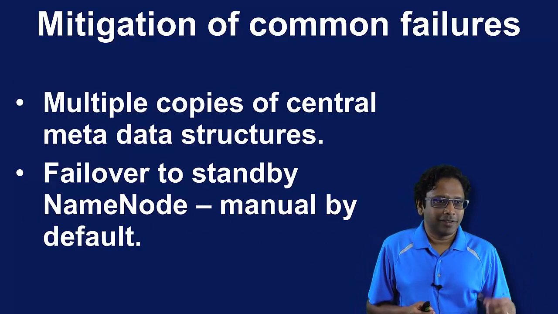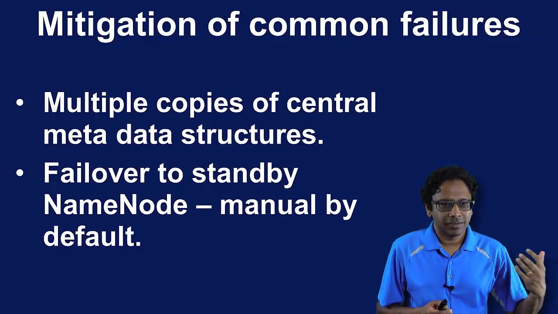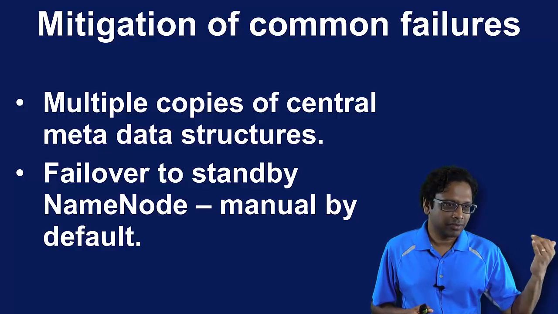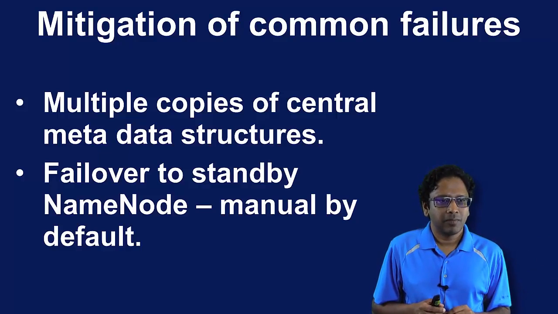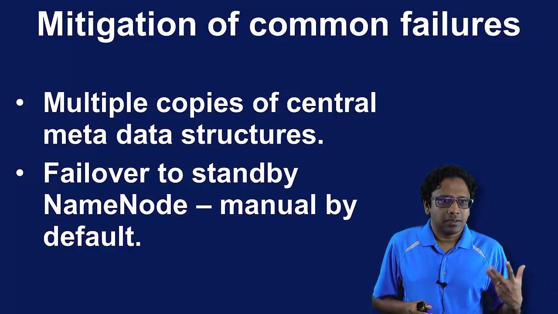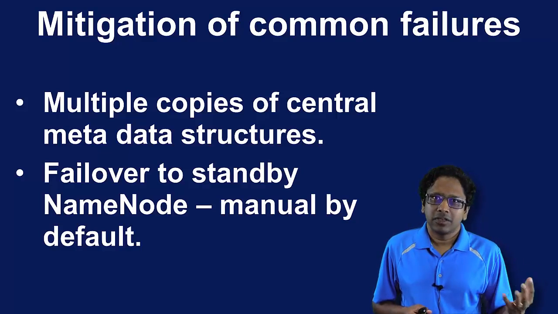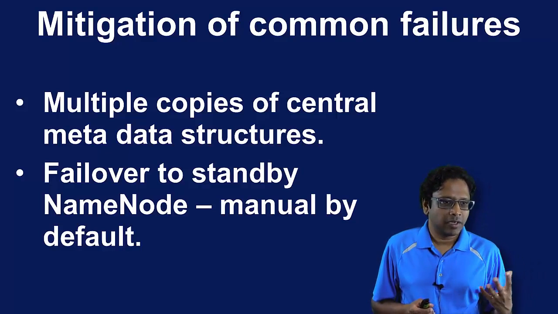The bigger failure is if the name node itself has an issue. So you could have metadata structures on disk on the name node, and the disk fails. So that's an easy one to mitigate by having multiple copies of this metadata structure. The other thing that can happen is the name node itself could crash or have some kind of problem.